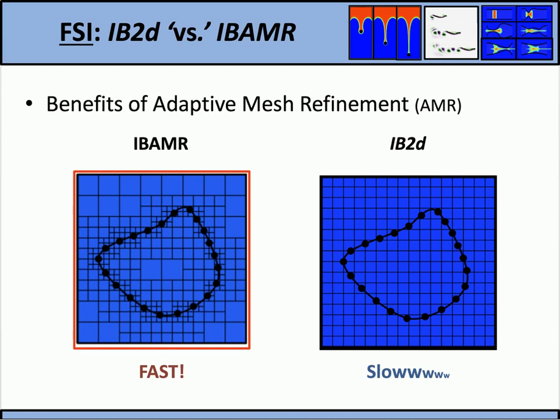Whereas away from your boundary, where there's not as much activity, you're going to use a much more coarse grid. And the idea is the more highly resolved regions take longer to solve, whereas these coarse regions are very fast. In IB2d, we do not have AMR, so we only resolve the entire mesh at one particular resolution.